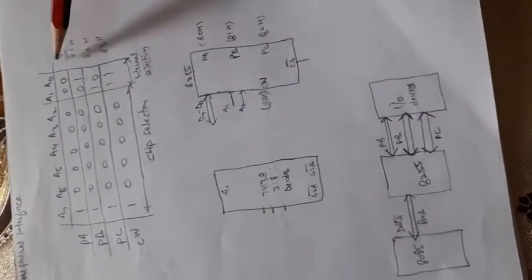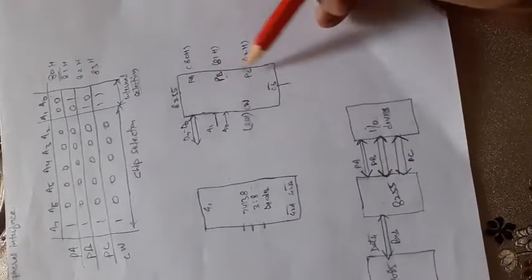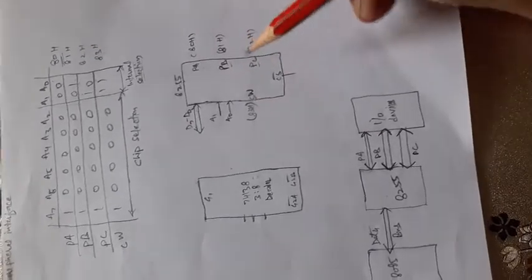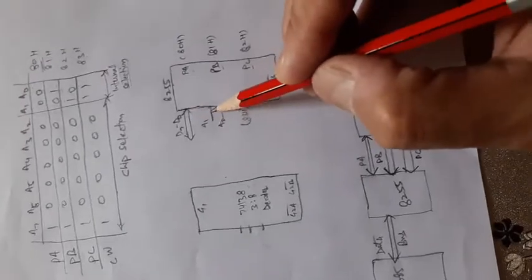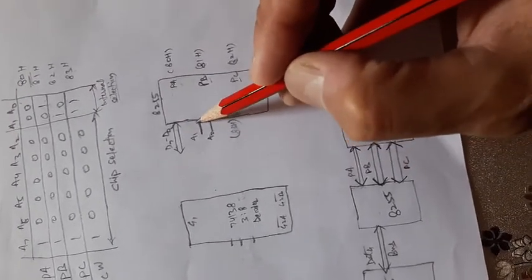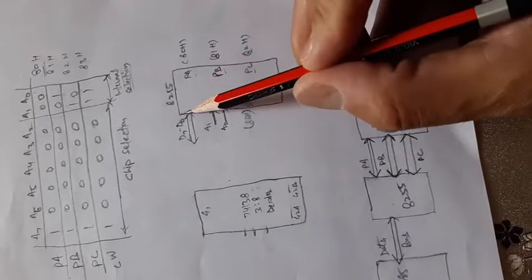So how do we go for internal selection? Suppose this is the 8255 chip. Here are port A, port B, port C and the control word. Their unique addresses are 80, 81, 82 and 83. These two bits, A1 and A0, will decide the address. Through the data bus the address will come.